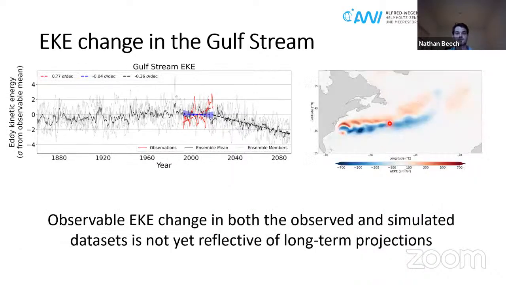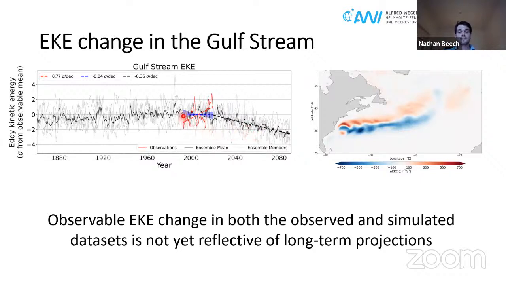Let's put that in the context of the observational record that we have from satellites. And so that's what you see in red here. And the trend of this red line here, as you can see, is increasing. So that doesn't match up with the decline that we project in the long term.